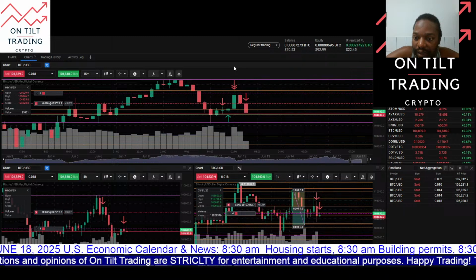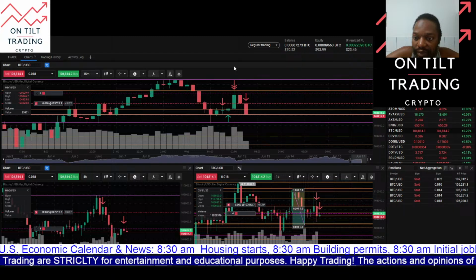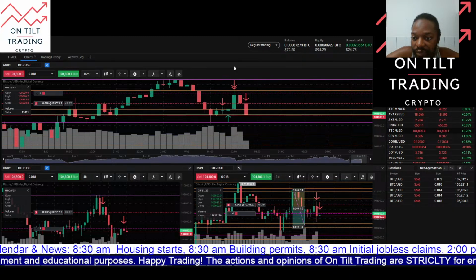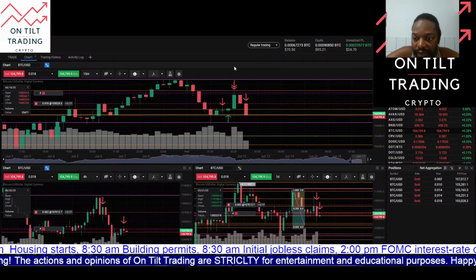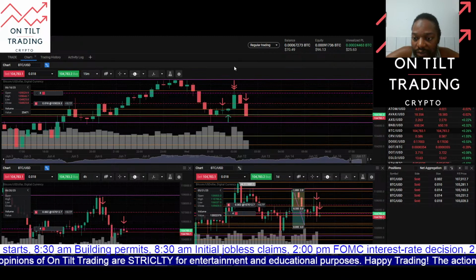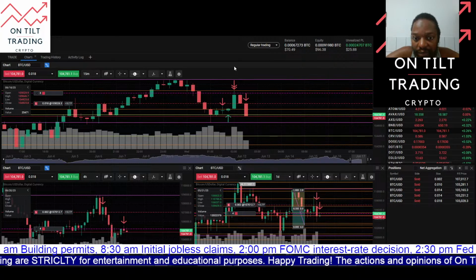Price has now traded below the 104,850 level and is now testing the 104,800 level. Price being delivered to the sell side with speed into the 104,800 level and now selling below.